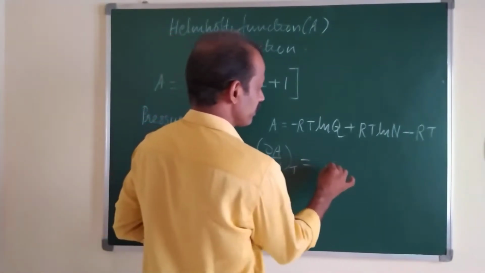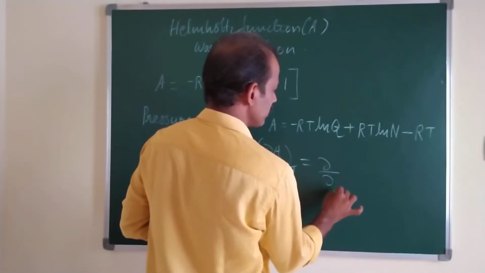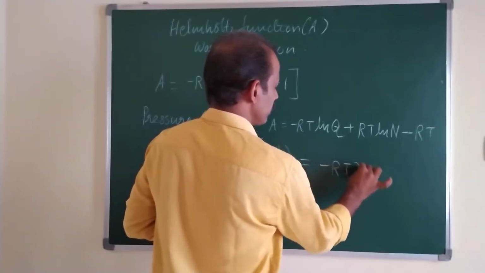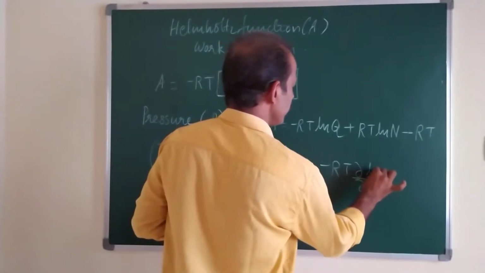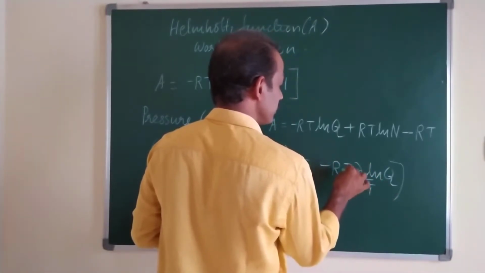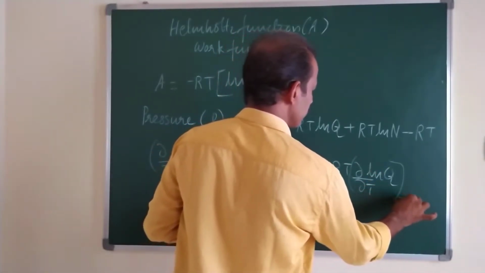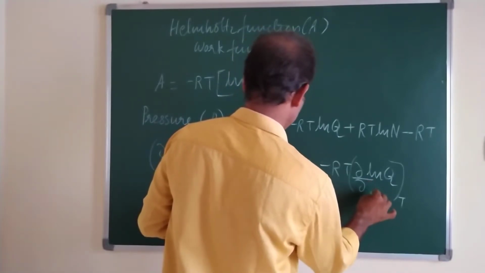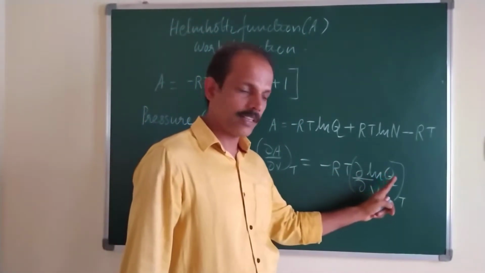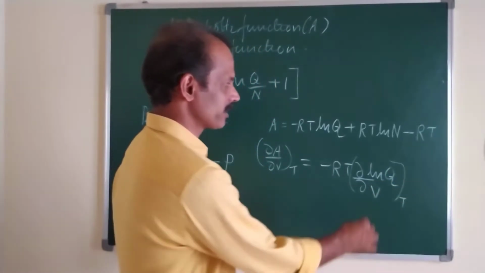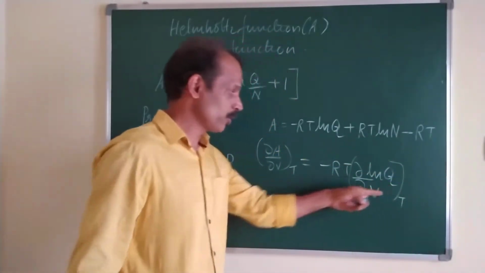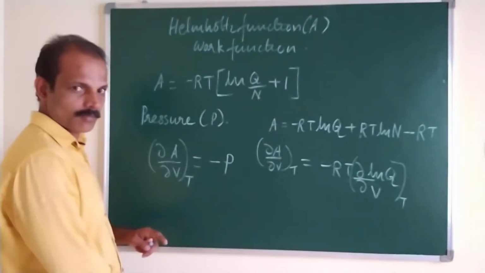So we get RT dou by dou V of ln Q at constant temperature, plus differential of N is 0, differential of RT is also 0, so we get only this one.